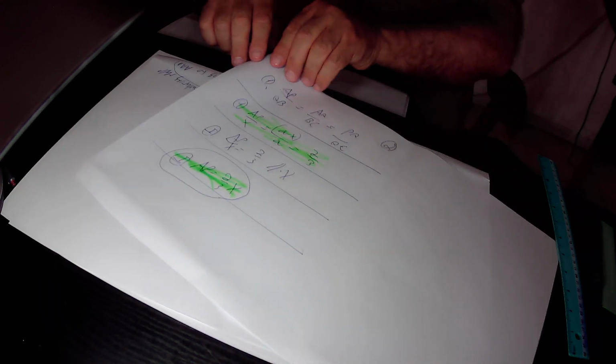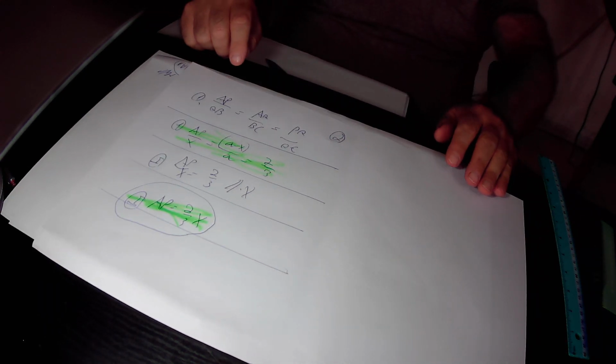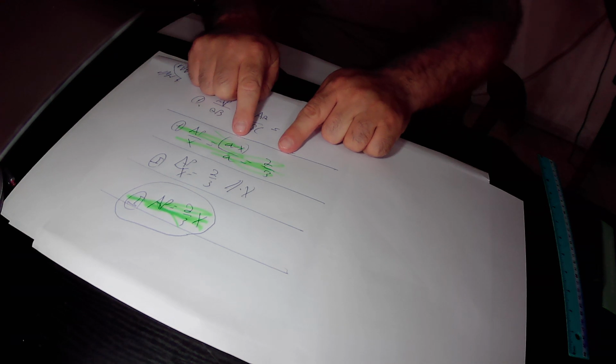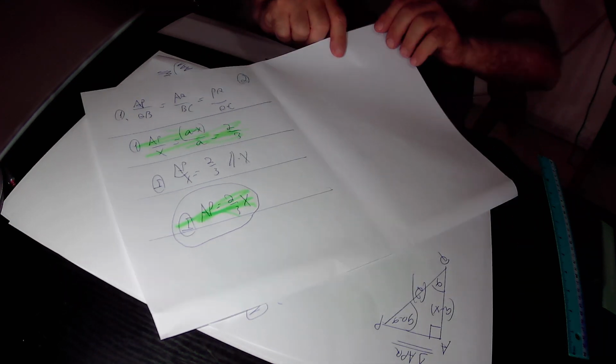We continue to focus on this long equation. Those two expressions are also equal to each other, so we create equation 2 from those two expressions. So according to the second equation, we get that A minus X over A equals 2/3. So I write it down.